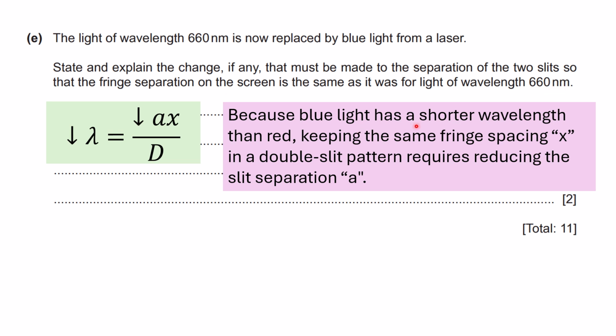Because blue light has a shorter wavelength than red, keeping the same fringe spacing X in a double slit pattern requires reducing the slit separation A. So the wavelength decreases, therefore the distance between the two slits also decreases.